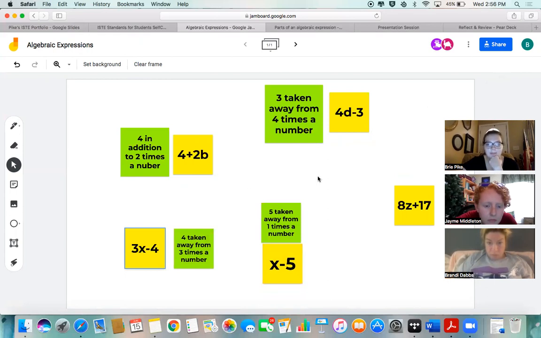These look good. Am I supposed to do another yellow one? Do a green one. And then Jamie will do a yellow one. Okay.